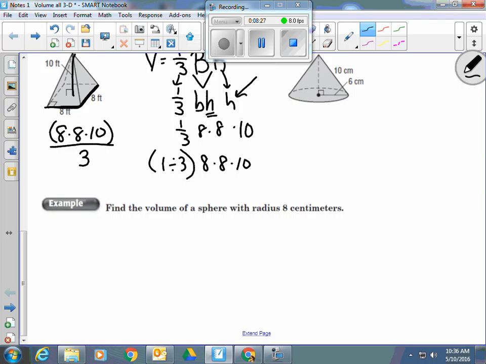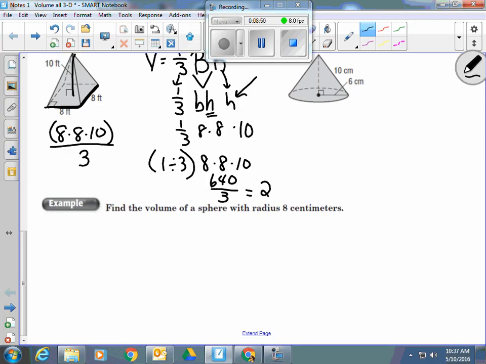Otherwise, the calculator thinks that it's 10 divided by 3 times 8 times 8. And that's not what it is. So you have to watch those. Please excuse my dear Aunt Sally's. So 8 times 8 is 64, times 10 is 640, divided by 3, and you get what?